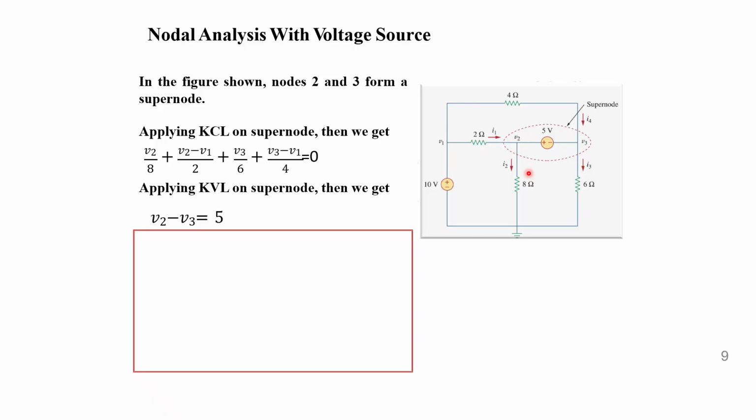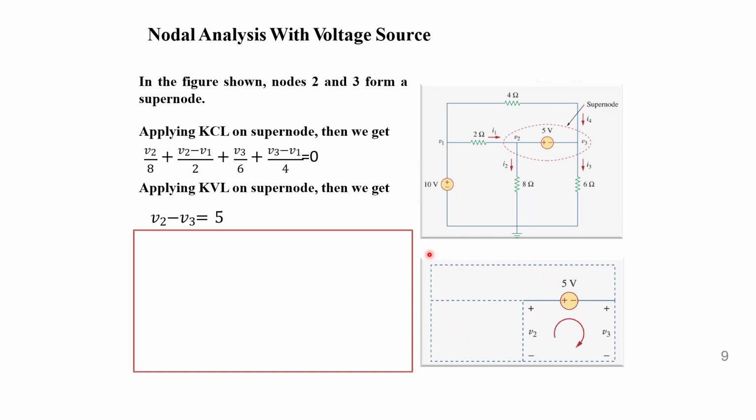In case of a supernode, KCL needs to be applied at the whole supernode surface, so the total incoming current at the supernode equals the total outgoing current from the supernode, and this equation is obtained. Apart from that, application of KVL in the supernode surface gives the second equation, and that's why the circuit looks like this.